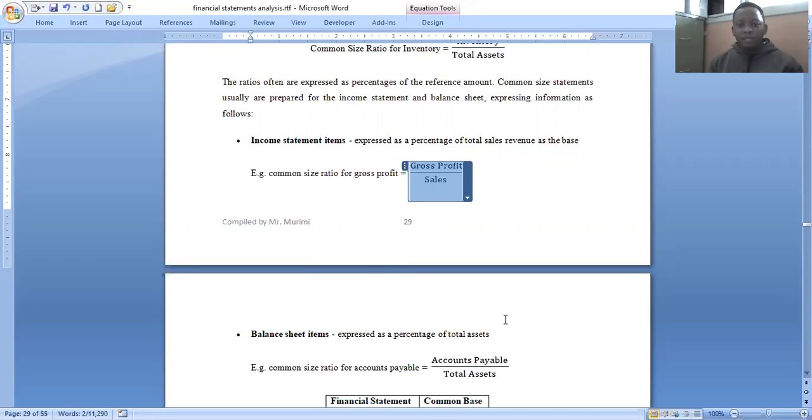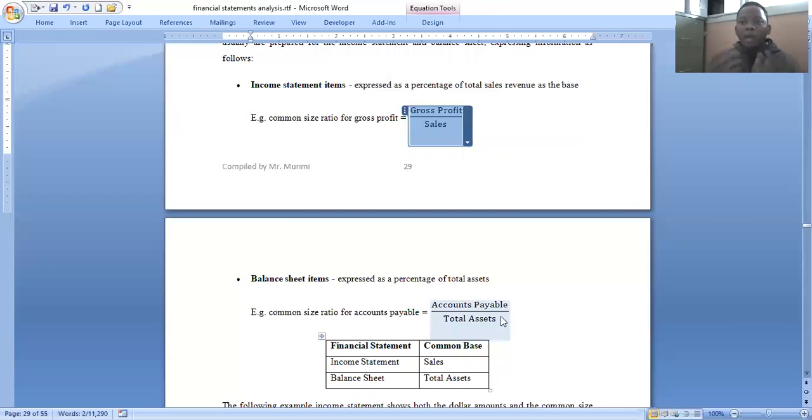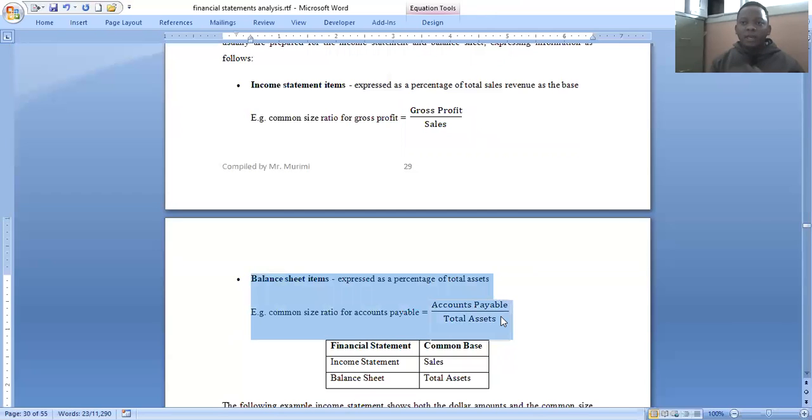Whereas for the balance sheet, we can also prepare a common size financial statement. To prepare a common size statement for the balance sheet, also known as a common size balance sheet, we express each item as a percentage of total assets. Or rather, we convert each item in the balance sheet to be a percentage of total assets.